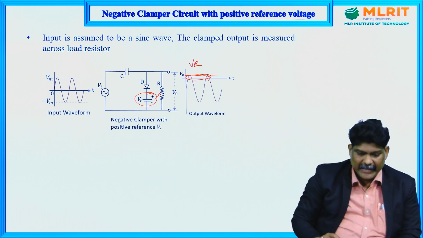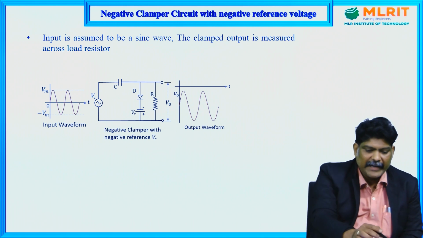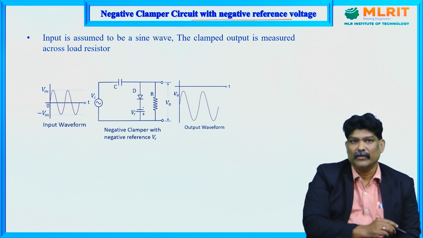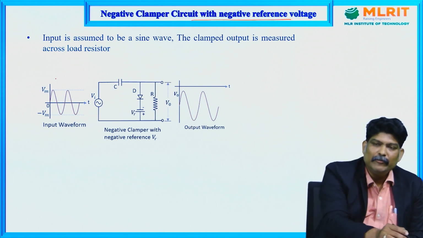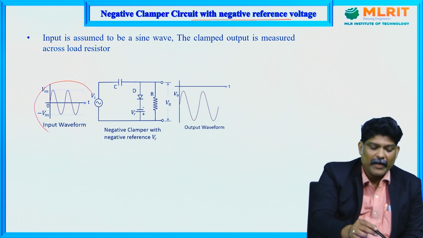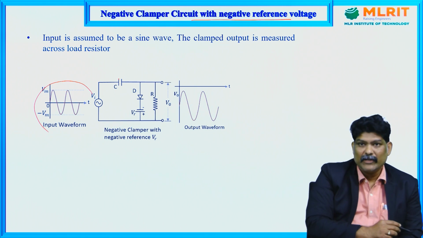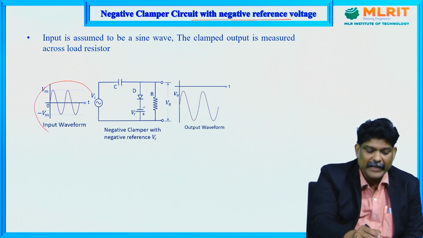Similarly, the next one is a negative clamper with negative reference voltage. Here the input is a sinusoidal signal again, and we apply it to a negative clamper circuit with some negative reference.